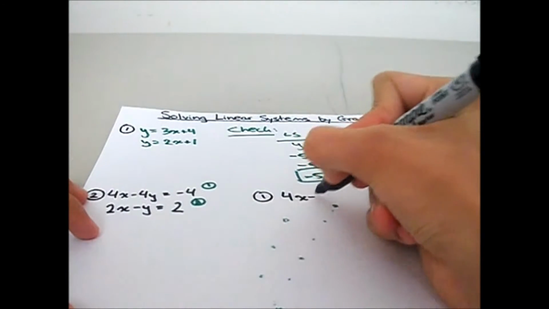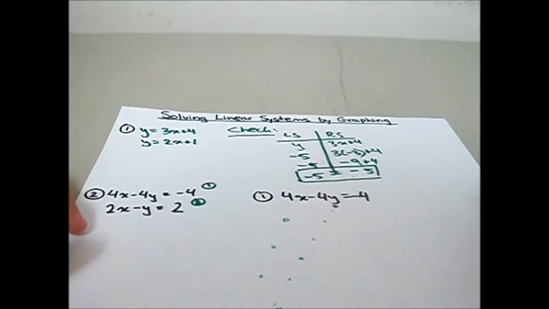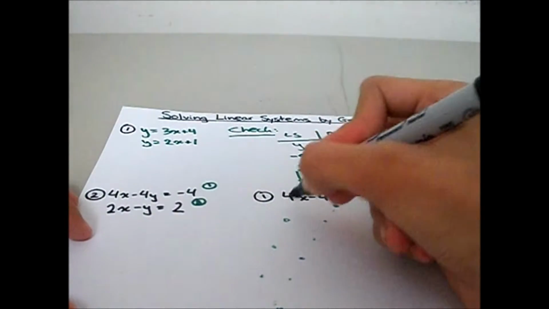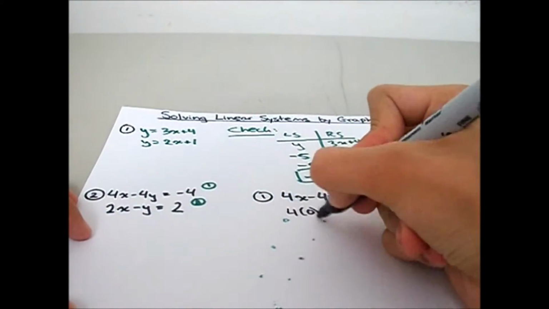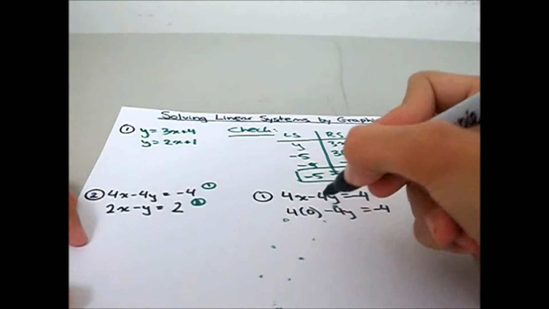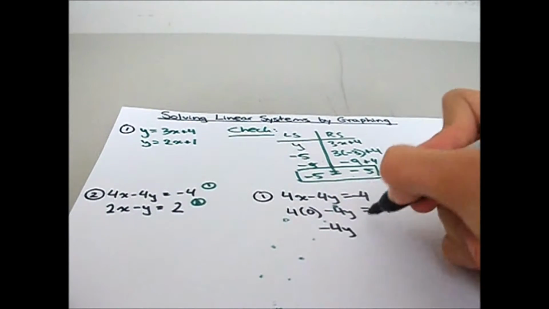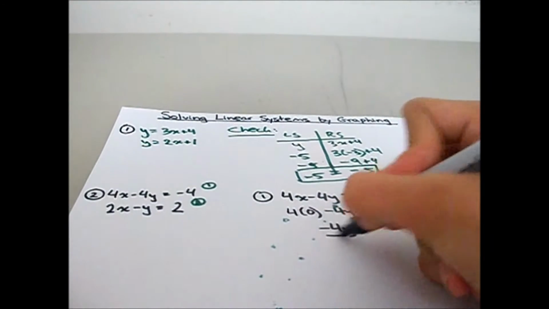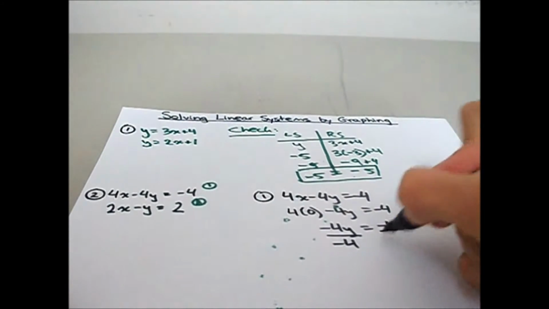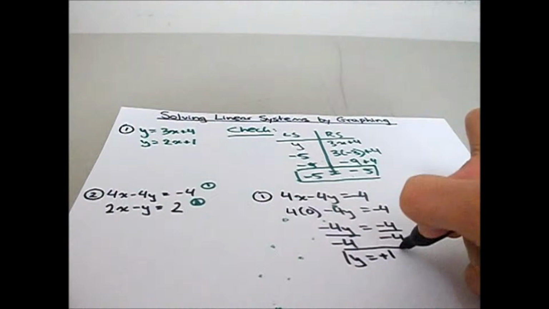4x minus 4y equals -4. To find the y-intercept, I'm going to set x as 0. And then when you evaluate this, you are left with -4y equals -4. Divide both sides by -4 and you get y equals 1.